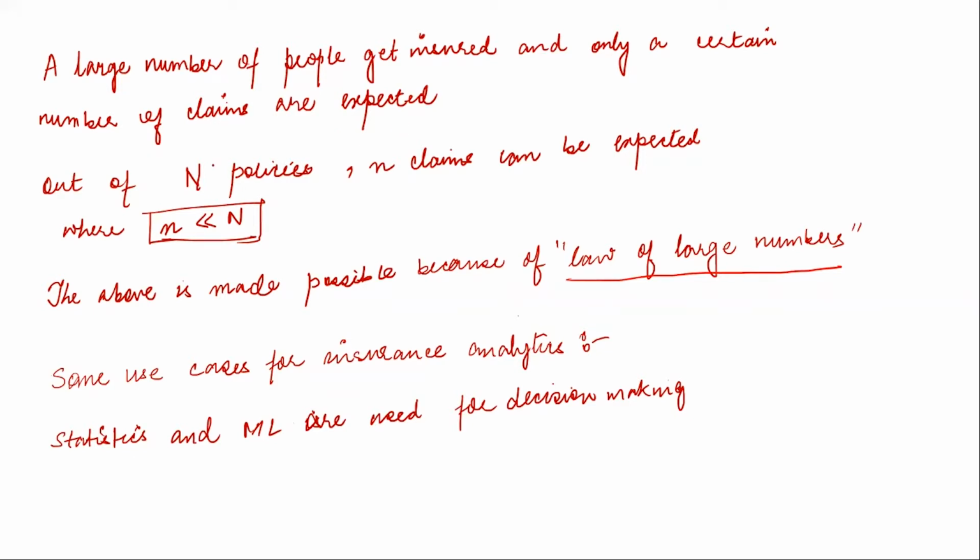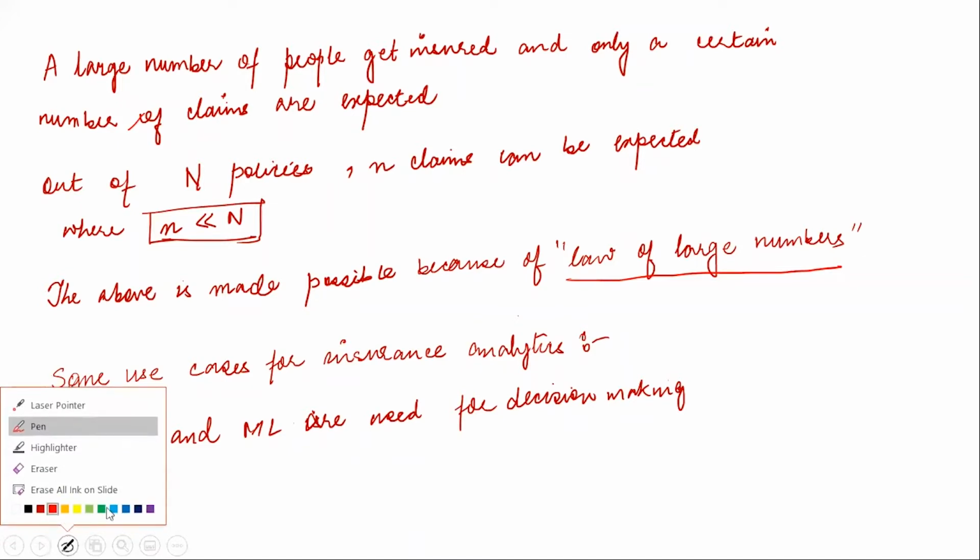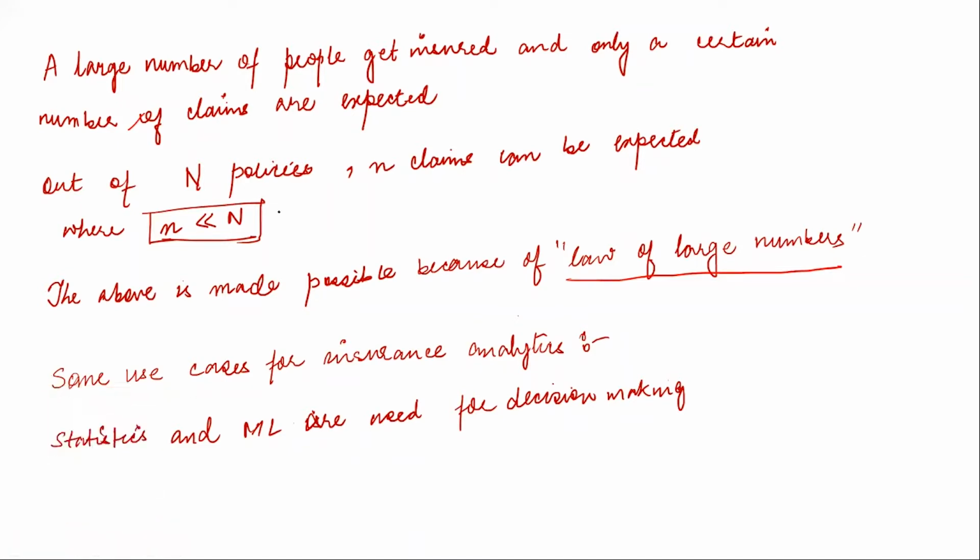So out of capital N policies, small n claims can be expected, where small n is much, much smaller than capital N. Although people can actually claim and get their money, insurance companies spend a lot of time doing analytics on how many people are going to claim, if somebody is going to claim at all, and those kinds of things. So these are some of the questions that they will ask.